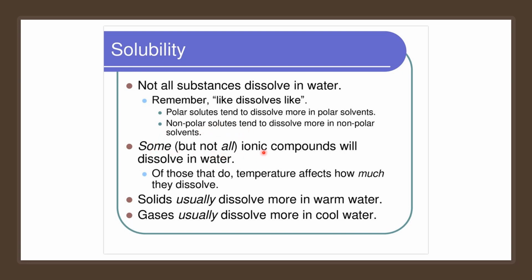Some ionic compounds will dissolve in water. Of those that do, temperatures affect how much they dissolve. Solids usually dissolve more in warm water, while gases usually dissolve more in cool water.